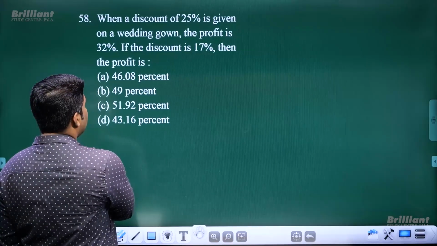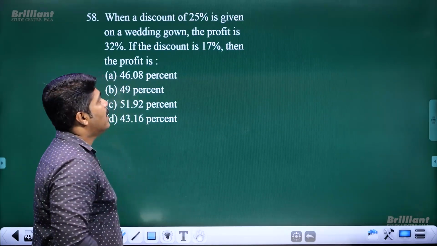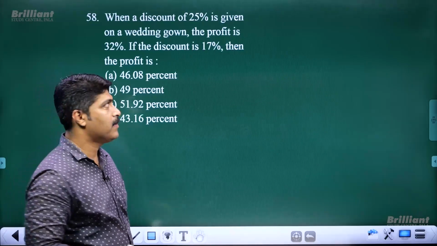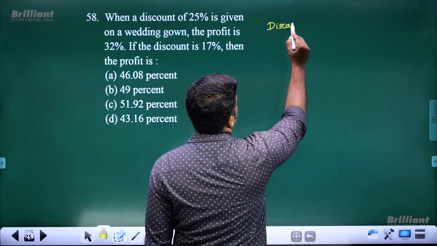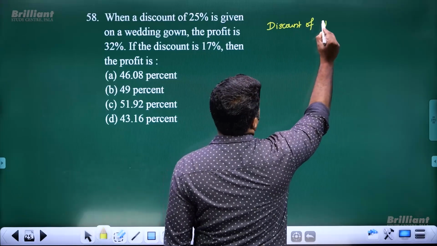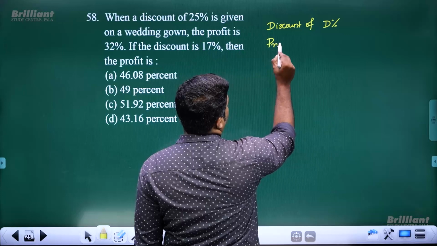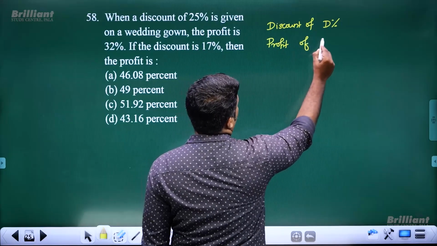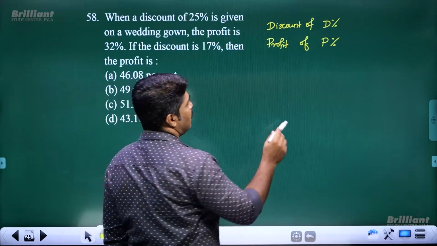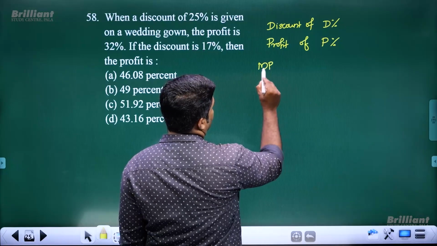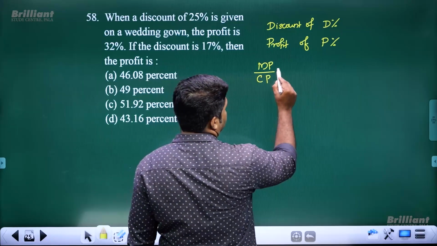So here the first condition, a discount of 25% is given, even though there is a profit of 32%. Suppose a merchant offered a discount of D%, even though he made a profit of P%, then there is a direct application of these two percentage values for finding the marked price to cost price ratio.